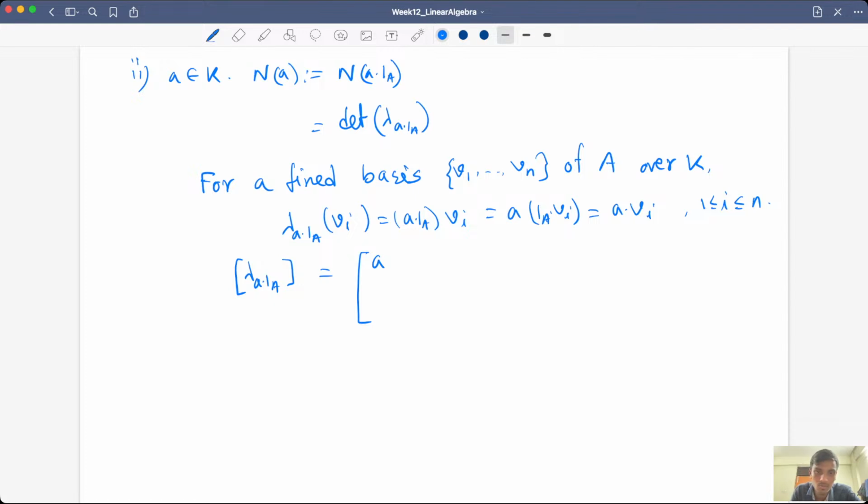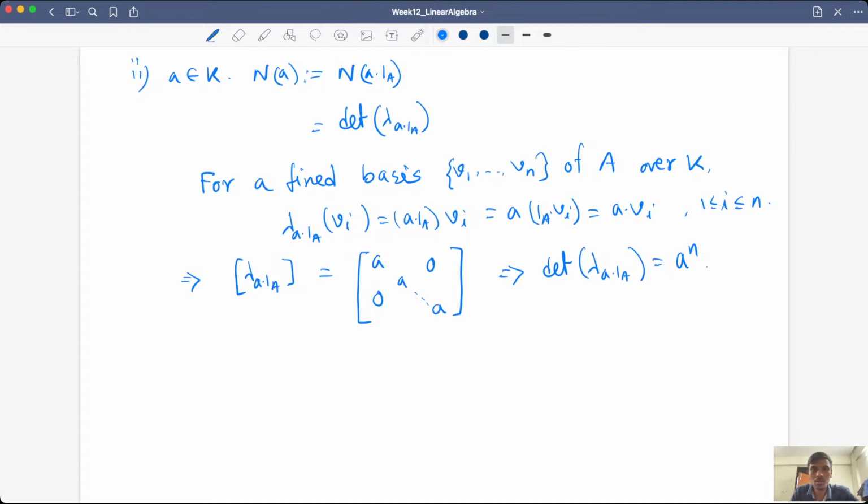So it is clearly a diagonal matrix with all the diagonal entries being a. This implies that the determinant of lambda a·1 is a^n.